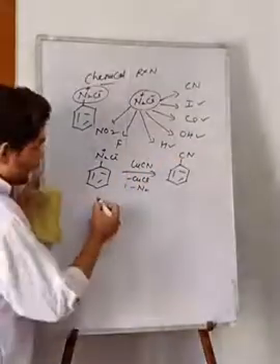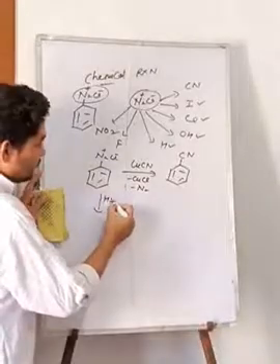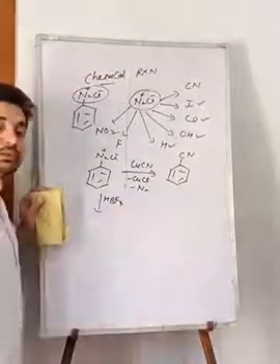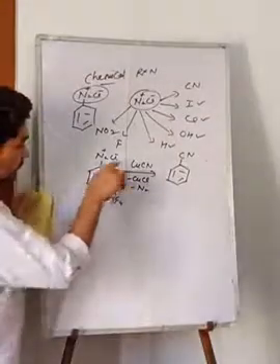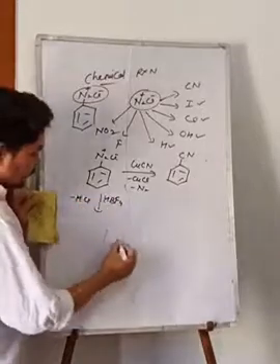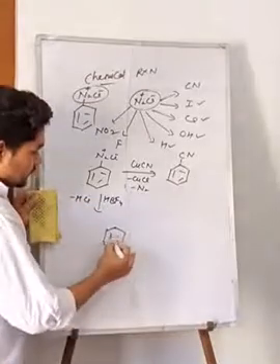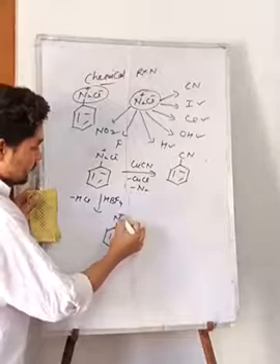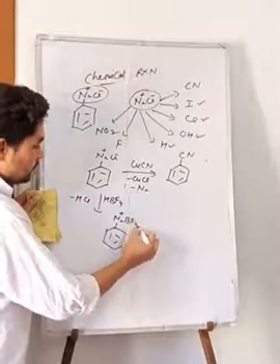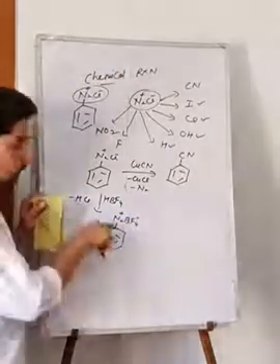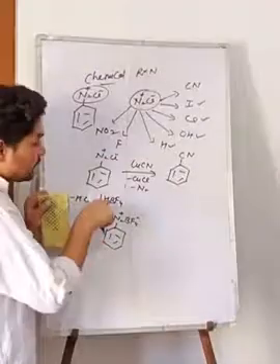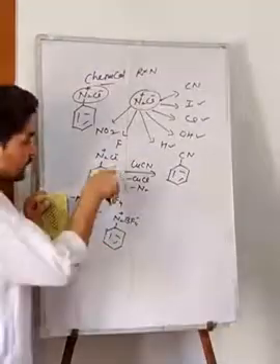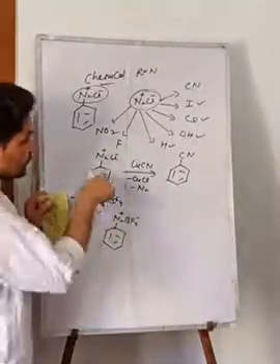When this compound is treated with HBF4, fluoroboric acid, there is the elimination of HCl and the formation of this compound, with N2 positive and BF4 negative.